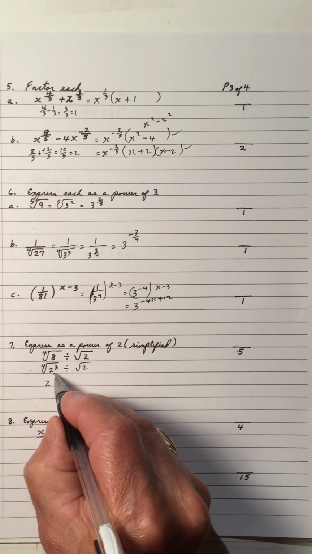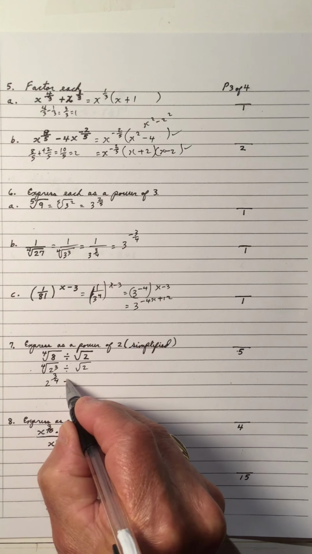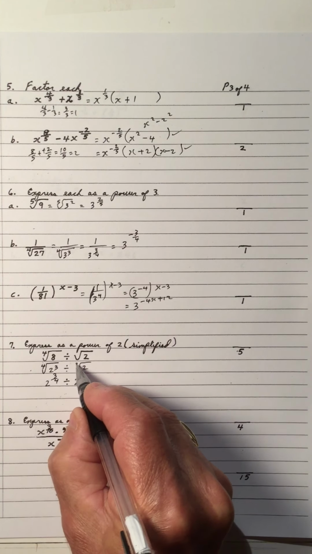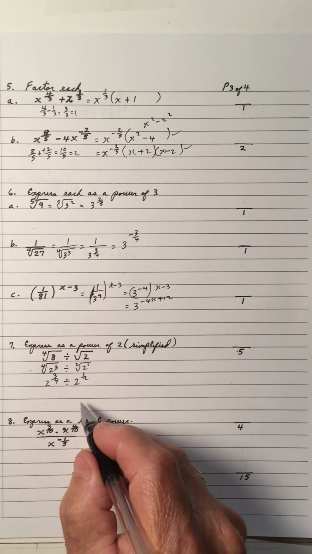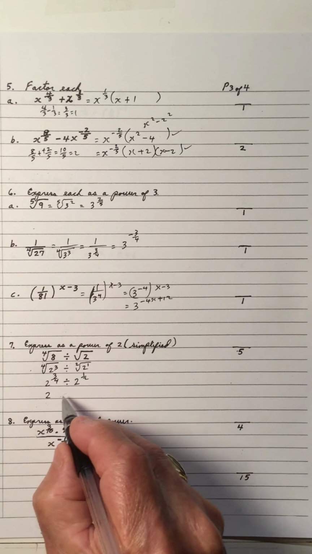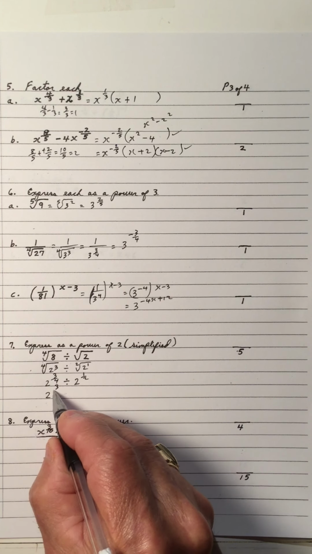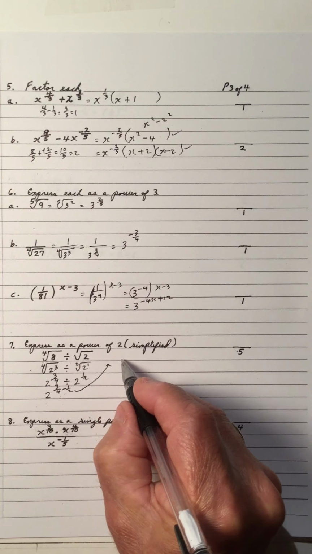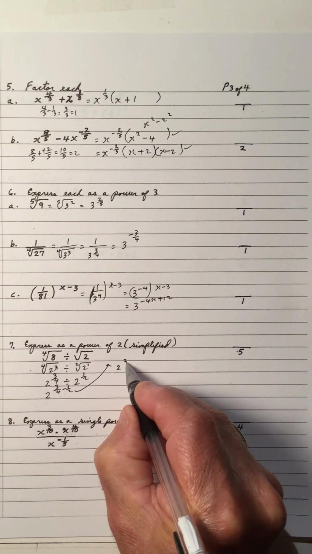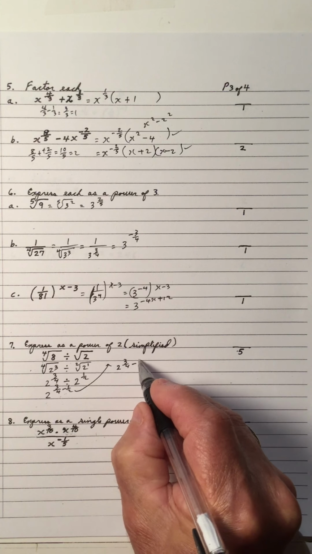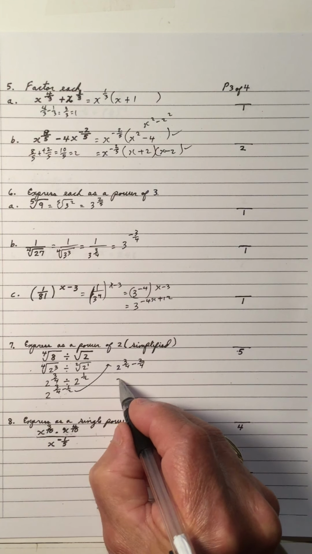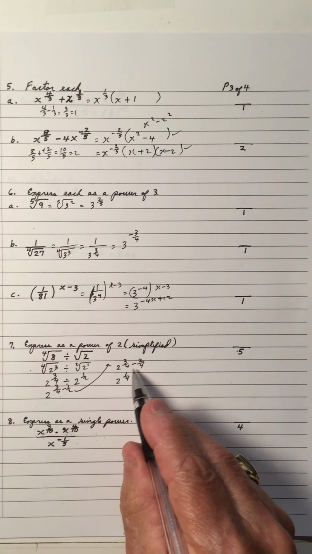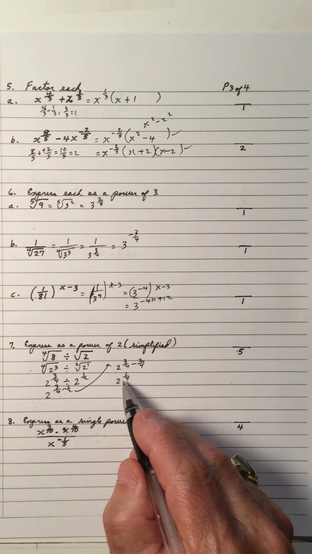So that's 2 to the 3/4 divided by 2 to the 1/2, because that's a square root and that's a 1. And that's 2 common, because we're dividing, we're going to subtract the exponents. So that gives us 2 to the 3/4 subtract 2/4, common denominator. So that's 2 to the 1 over 4.